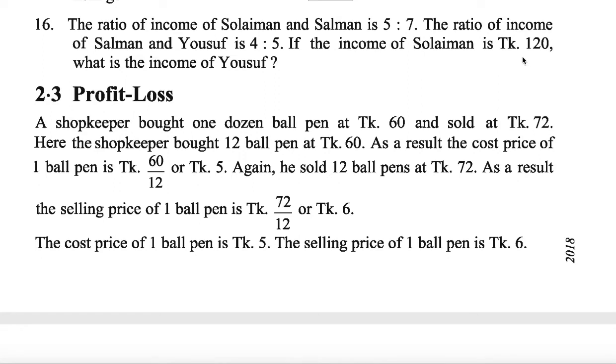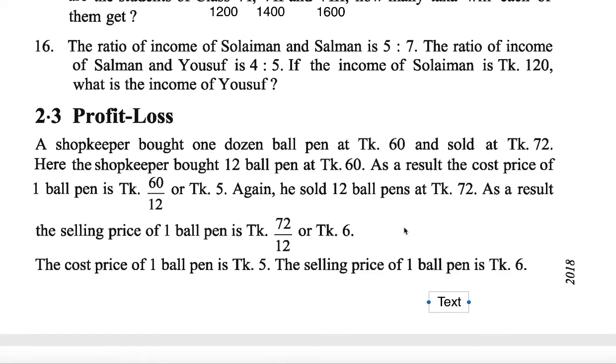Okay, see here, Solomon is given. Salman is the common guy among them. So now you need to get a continued ratio here. How to obtain continued ratio? 4 is here, 7 is here. Multiply with 4 here. 20 is to 28.